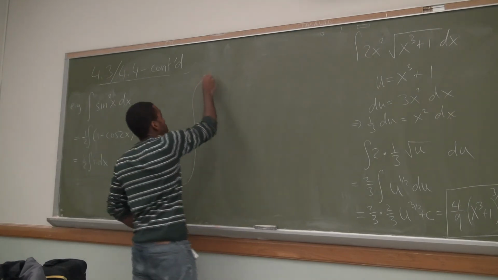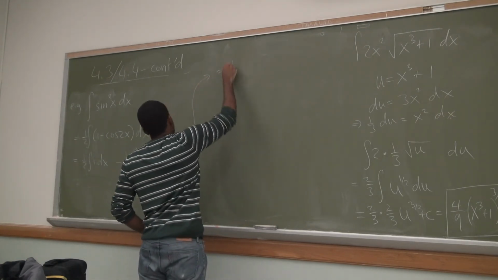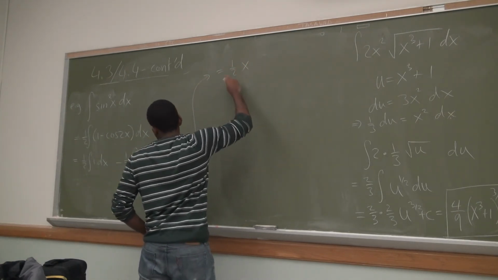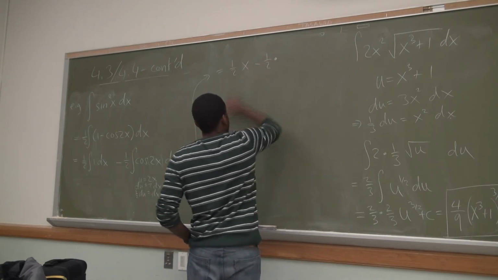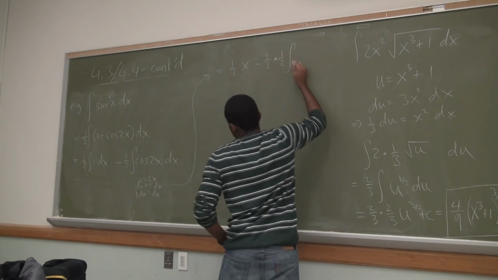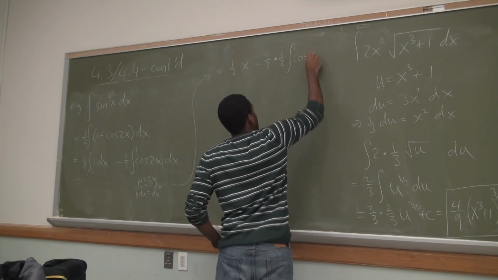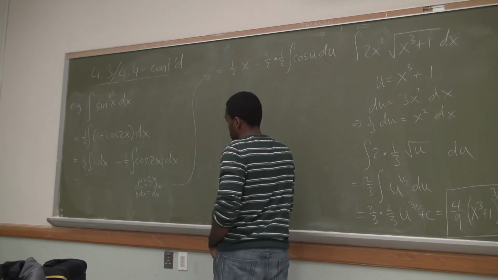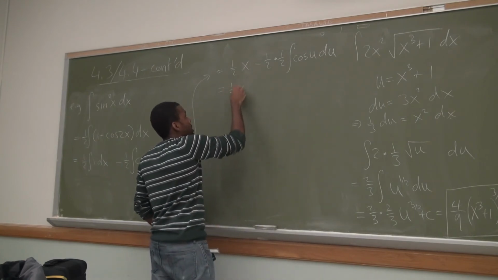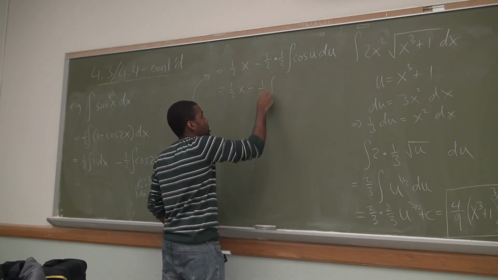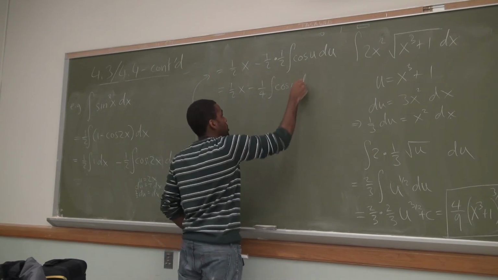So over here, this is just 1/2 x minus 1/2 times, now we're just doing the substitutions, 1/2 times the integral of cosine u. So this is just 1/2 x minus 1/4 times the integral of cosine u.